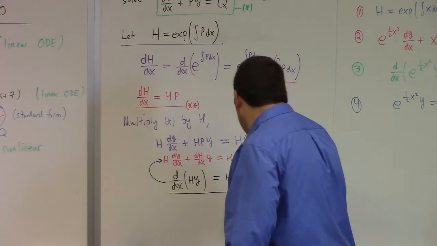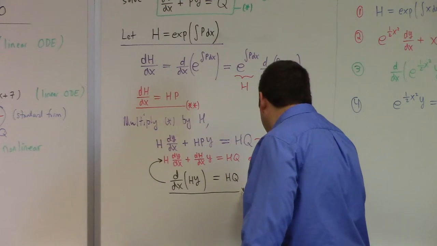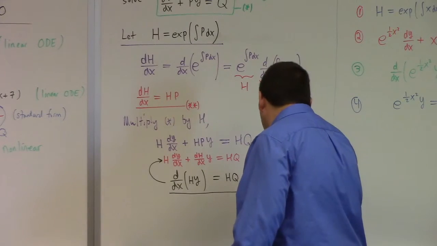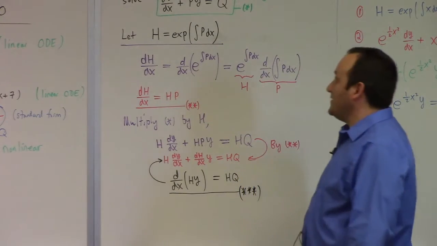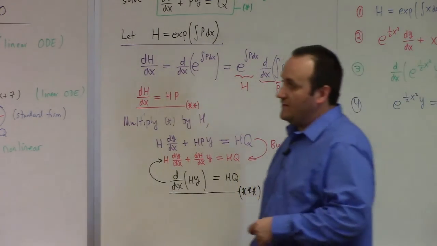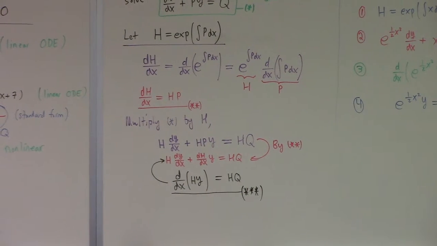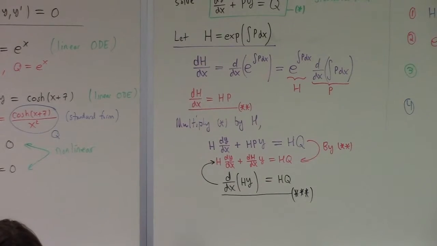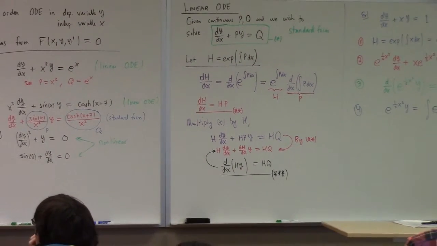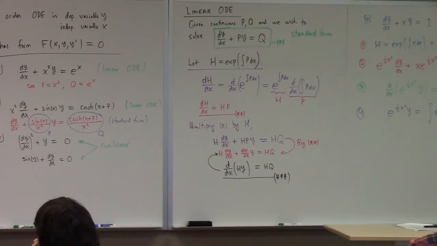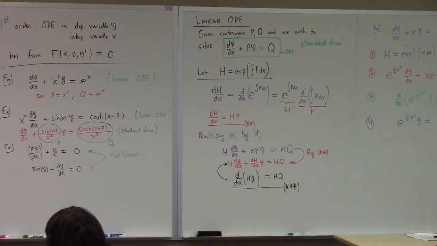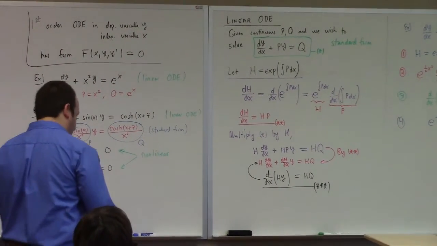And I call this star star star, or triple star. Now, triple star brings me back to something of the form of my final example, which we already have had great experience solving this semester. Some of us, our experience was more great than others. But we all know something about this example.